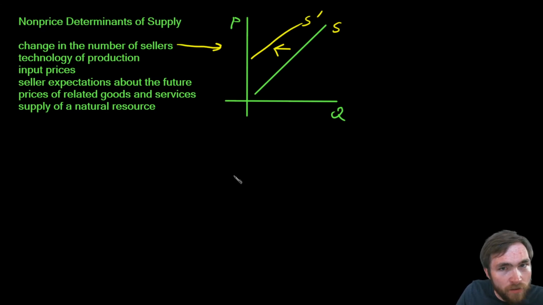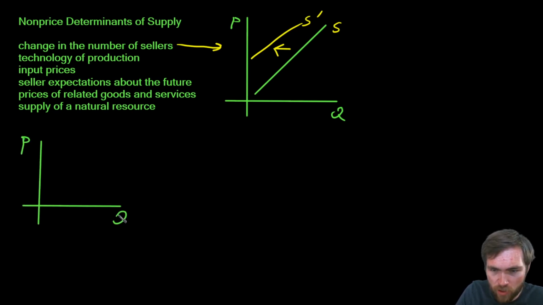Some other things that may affect this would be the technology of production, input prices, seller expectations about the future, the price of other related goods and services, and the supply of natural resources. Let's do a couple more of these examples before moving on. Let's talk about the technology of production. So we've got our initial supply curve here.